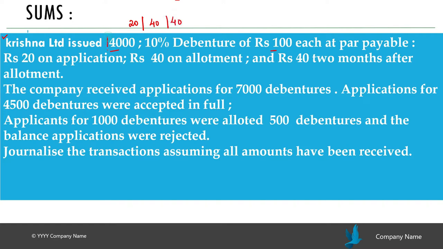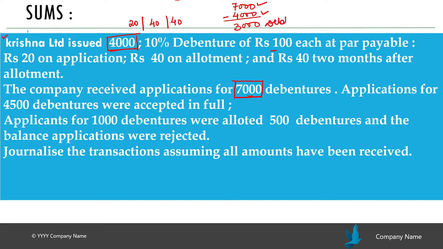The company had to issue 4,000 debentures, but received the money of 7,000 debentures. So what we are noticing is that the company had received the money of extra 3,000 debentures.